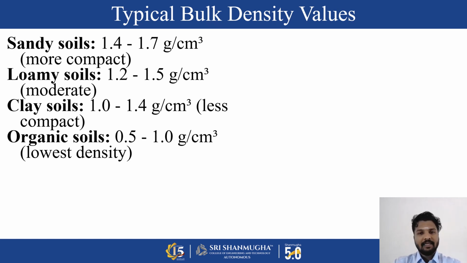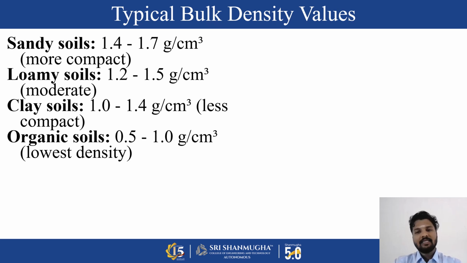The first soil is sandy soil. It has a bulk density ranging from 1.4 to 1.7 gram per centimeter cube. The values should be read in gram per centimeter cube, not in megagram per centimeter cube. So the values given in this slide are in the unit gram per centimeter cube.